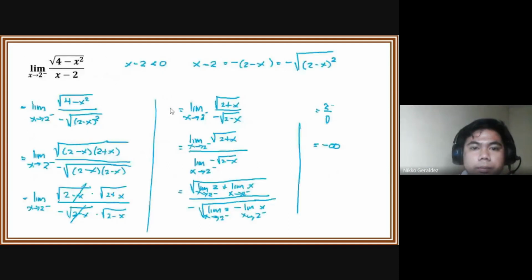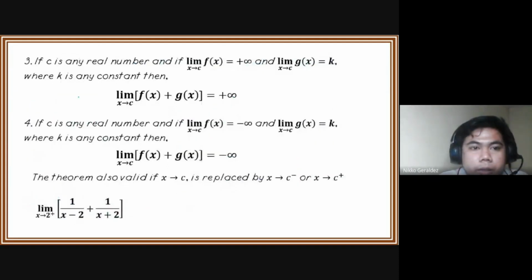The next theorem. So number 3. Now, if c is any real number and if limit of f of x as x approaches c is equal to positive infinity and limit of g of x as x approaches c is equal to k, where k is any constant, then limit of f of x plus g of x as x approaches c is equal to positive infinity.